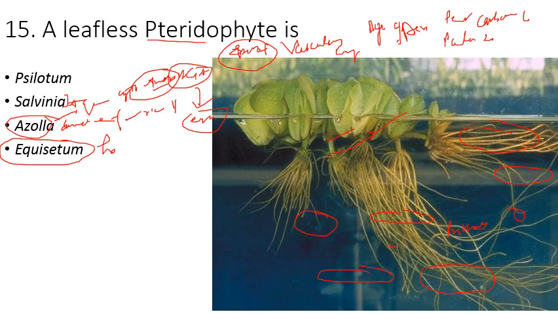Then we have Equisetum, commonly known as horsetail fern, and we also call it scouring brushes because of its rough appearance. Equisetum is used to wash utensils. It shows both hydrophytic as well as xerophytic features.